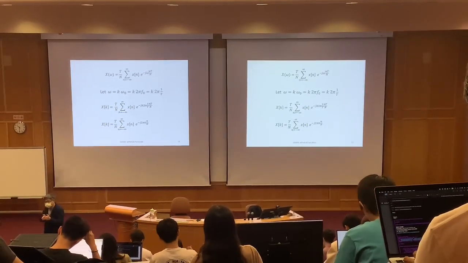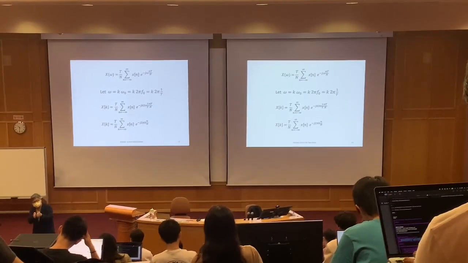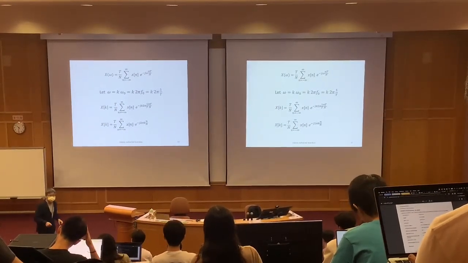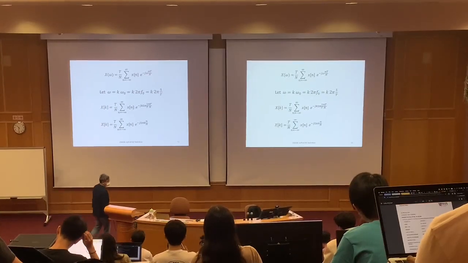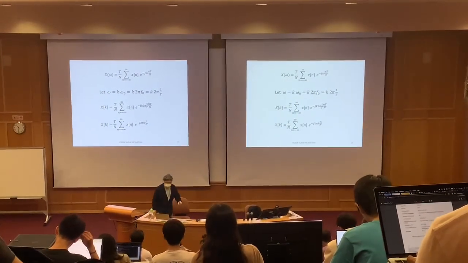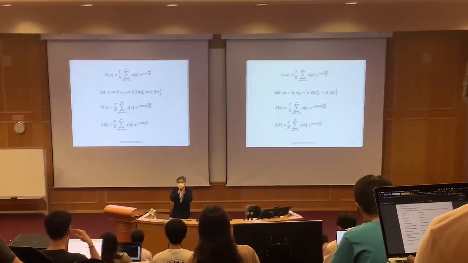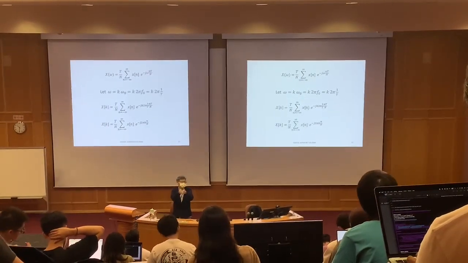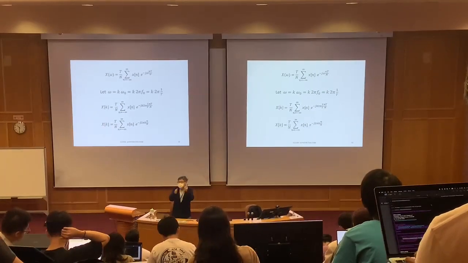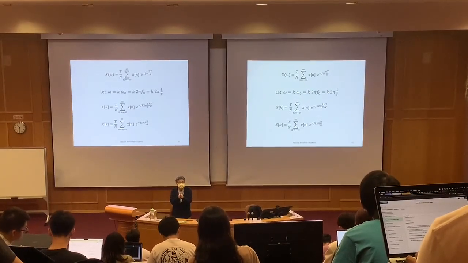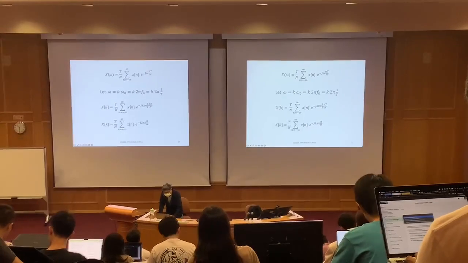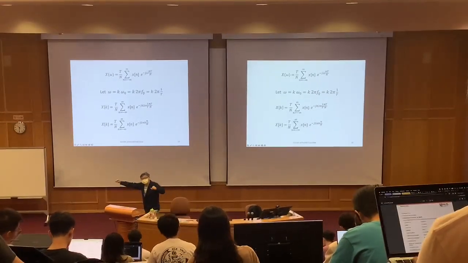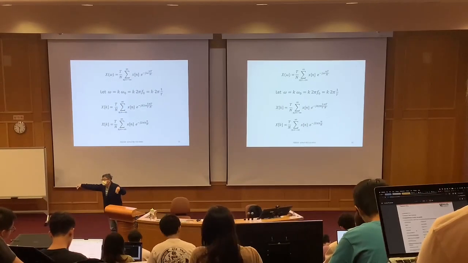In the frequency domain, f naught is my frequency step, and omega naught is 2 pi f naught. So omega naught or f naught is my frequency step in my frequency axis.